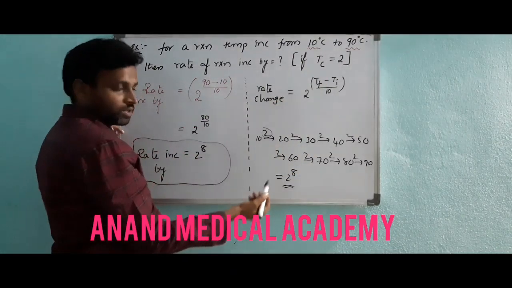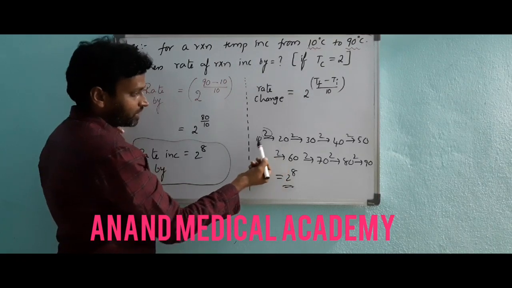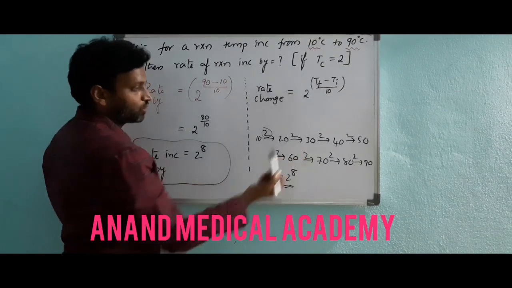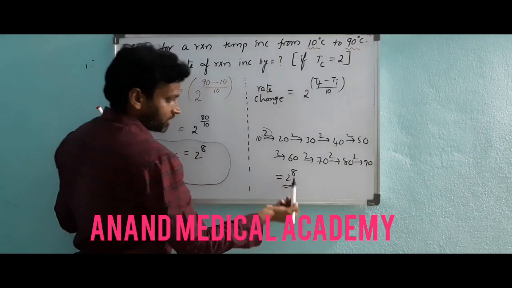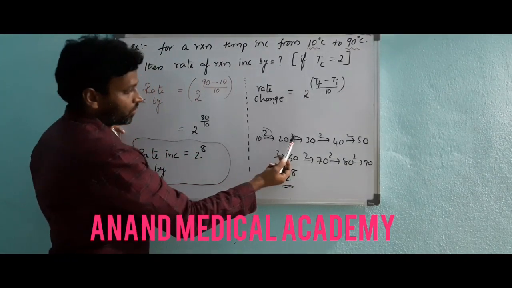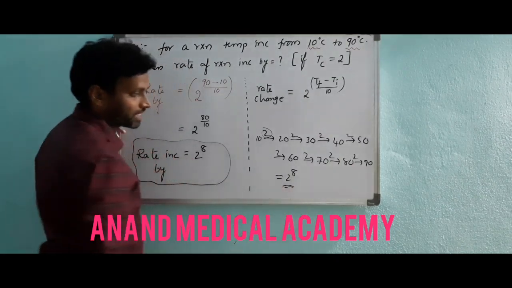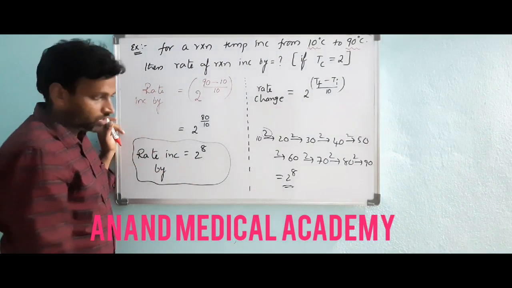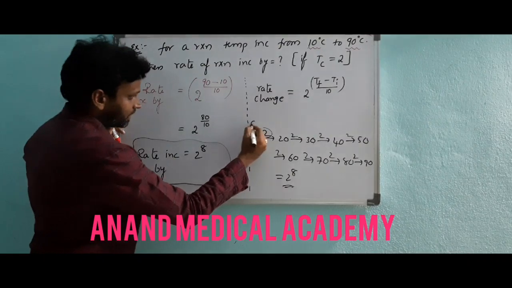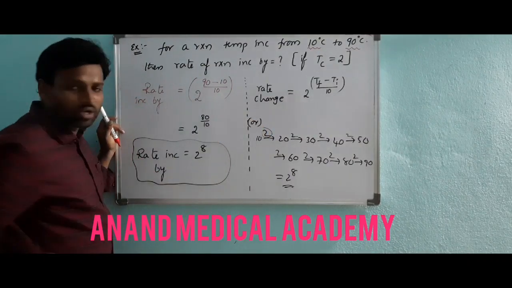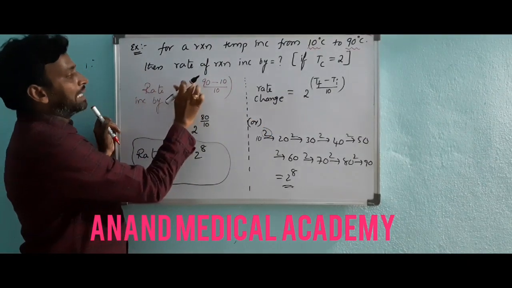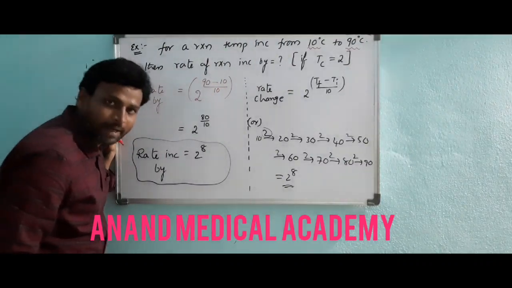So for a 10 degree difference it is 2, and again for the next 10 degrees, 2. How many times? 8 times: 1, 2, 3, 4, 5, 6, 7, 8. So 2 power 8. These many times the rate increases. Better to use this formula, no confusion: 2 power T final minus T initial by 10.